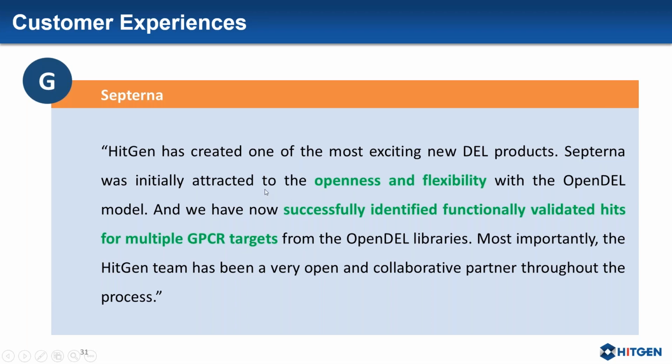They gave us very good positive feedback on OpenDEL, and they used this OpenDEL product to successfully identify functionally validated hits for multiple GPCR targets. Most importantly, they feel OpenDEL is very open and very flexible for collaboration.